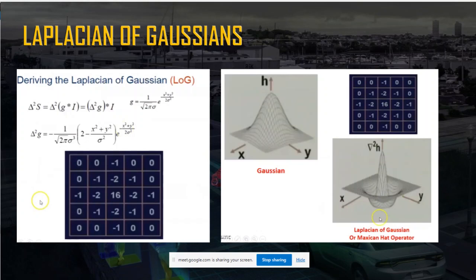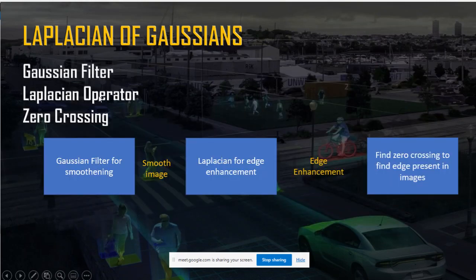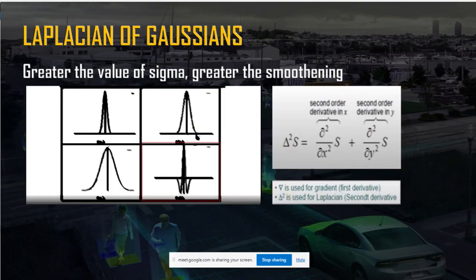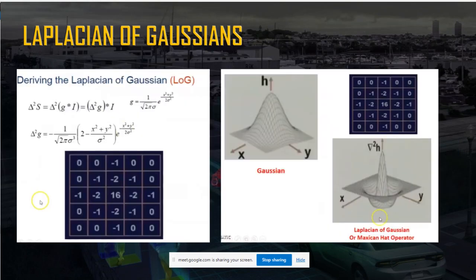And there are multiple ways in which we can form the Laplacian of Gaussian. As we see, there are two steps. One is passing it through a Gaussian filter, and after that applying a Laplacian operator onto it. So we can either first take the Gaussian of the image, where G is the Gaussian operator and I is the image, and delta square, as we have seen, is the Laplacian operator.